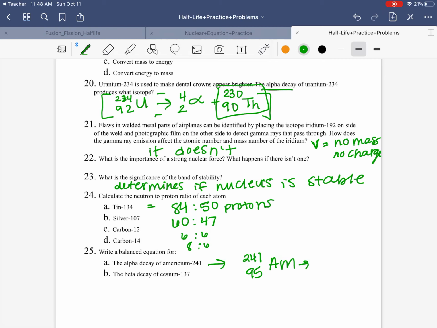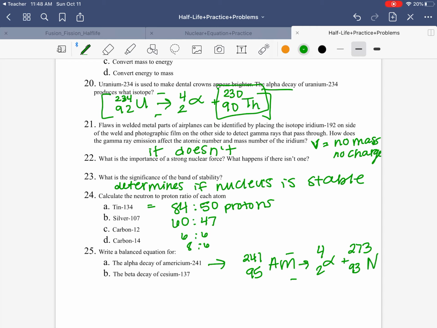We're going to put our arrow, it's going to go through alpha decay, so 4, 2 for alpha. Plus, you're going to subtract. So 241 minus 4 is going to equal 237. 95 minus 2 is going to equal 93. And the atomic symbol for that one is neptunium.